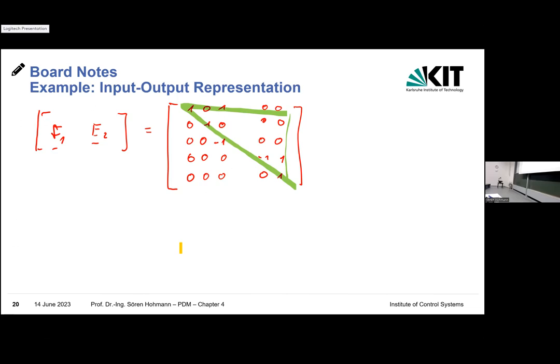Okay, so putting it all together. We get Z as being, after some calculations I did at home, one, zero, zero, and we get here minus one, 1, 0, 1, 0, and 0, 0, 0, 0.